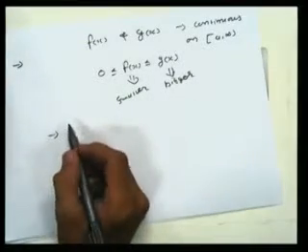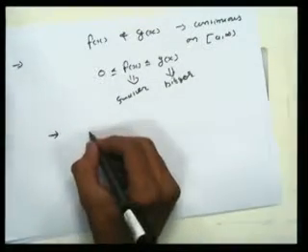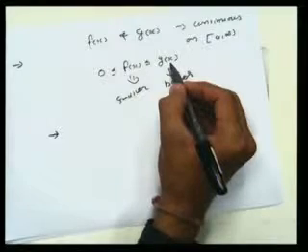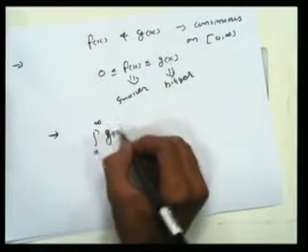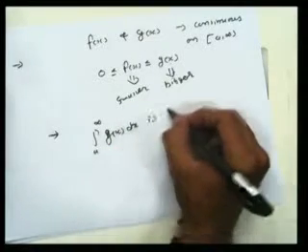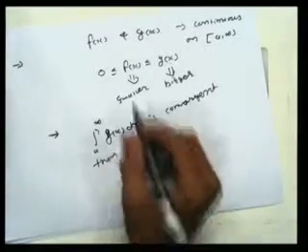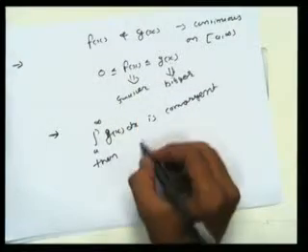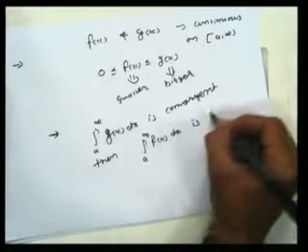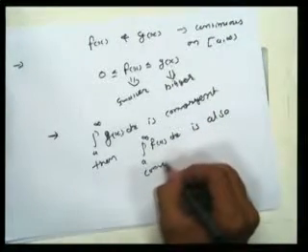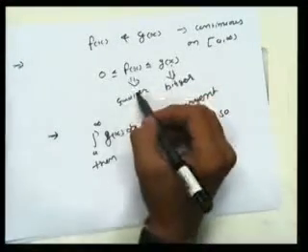Then what does this direct comparison test want to tell us? It wants to tell us that if the bigger integral, the integral from a to infinity of g of x dx, is convergent, then the smaller integral, the integral from a to infinity of f of x dx, is also convergent. When the bigger one is convergent, the smaller one is also convergent.